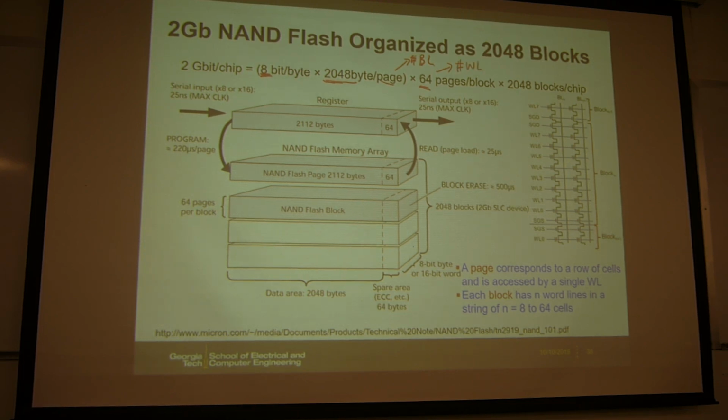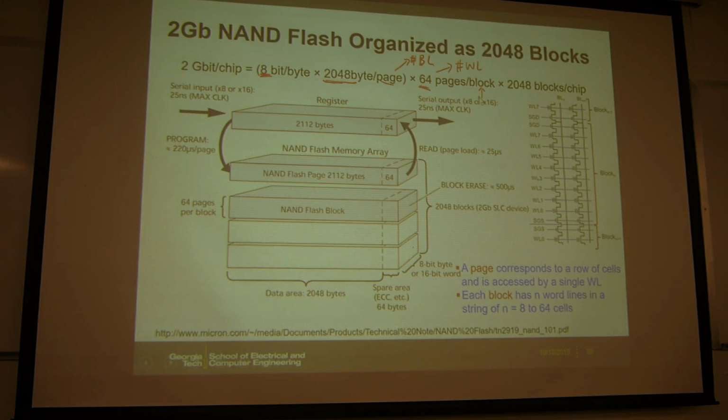And if you multiply those two together, that is 1 block. Basically 1 subarray in the NAND flash. And typically people call it 1 block. And in this 2 gigabit chip, there are like 2048 blocks. So this is the typical organization.